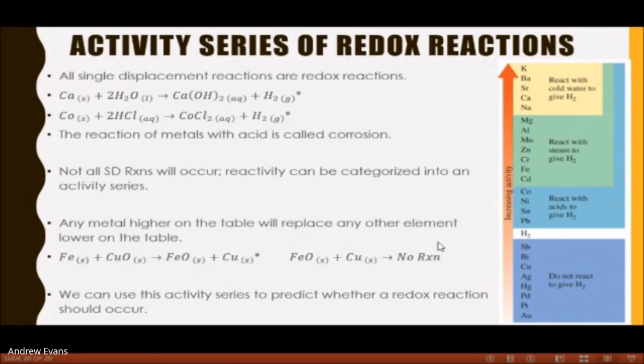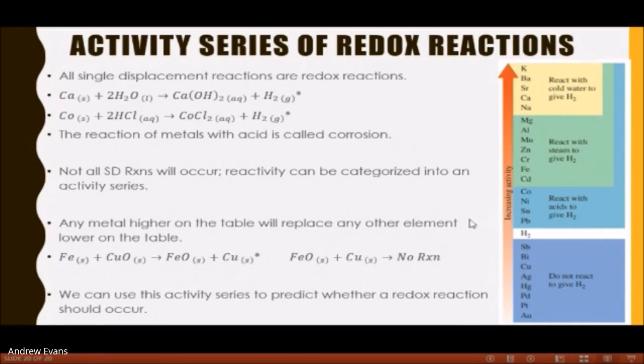And the last thing we could look at is this activity series. This activity series places these redox reactions in terms of reactivity. All these guys, the reason they react is because some of these guys are low energy and some of these guys are high energy. And they're going to try to move to get to a lower energy state.